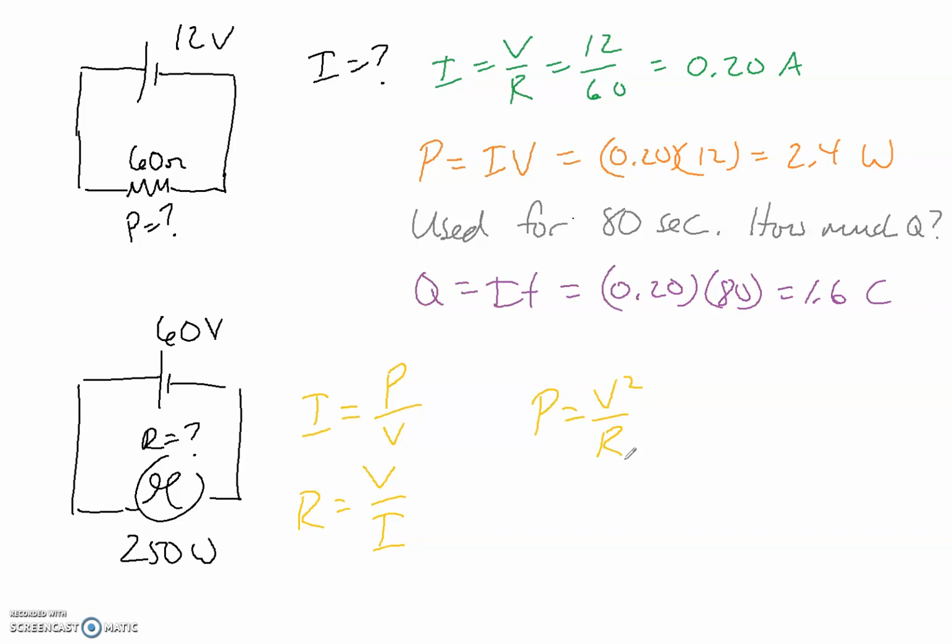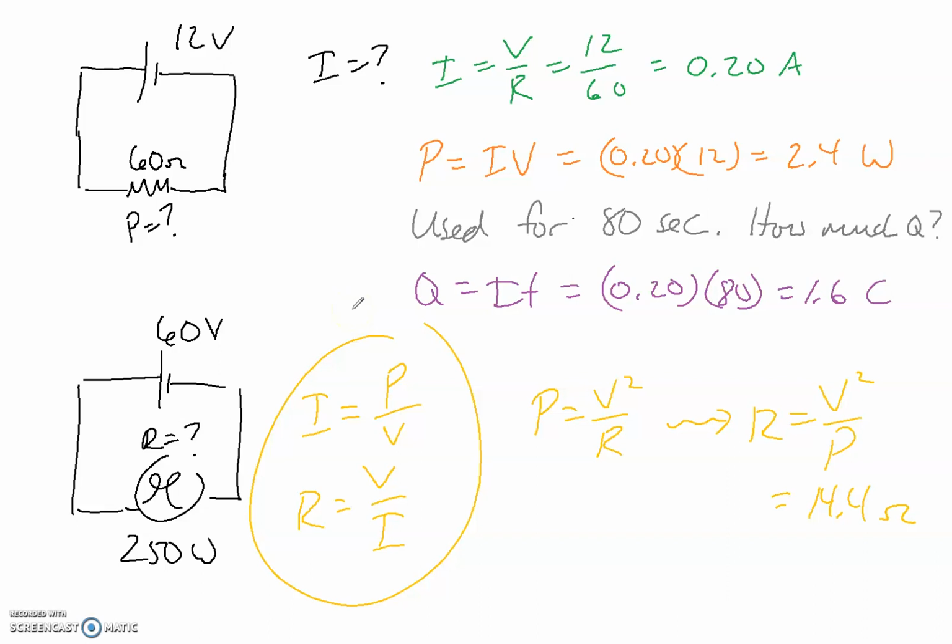It doesn't really make any difference. If we rearrange it to look for the resistance, that would be V squared divided by P. So we've got 60 squared, which is 3600, divided by 250, and we would have a resistance of around 14.4 ohms. And if you do it the other way, you should get the exact same answer.